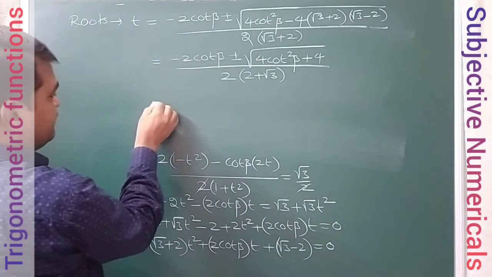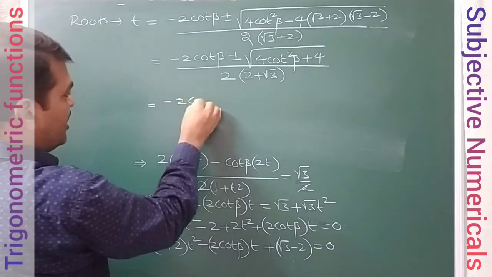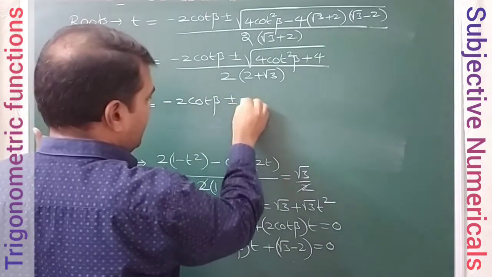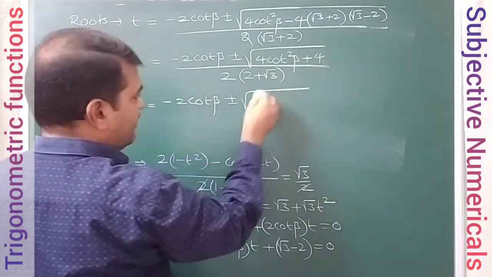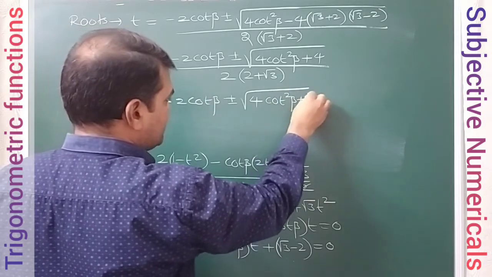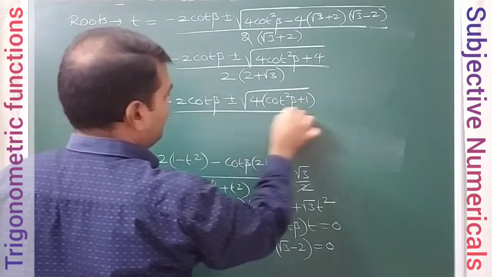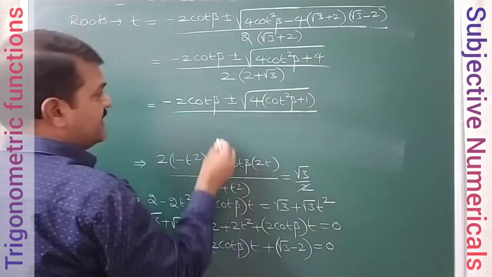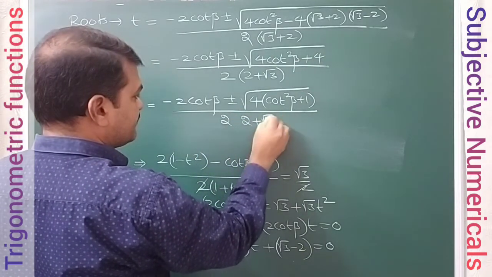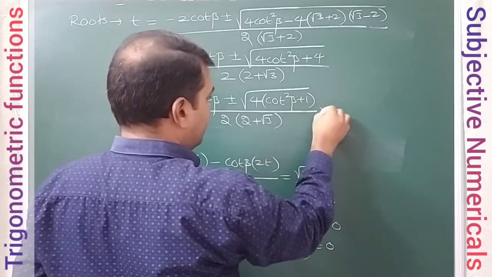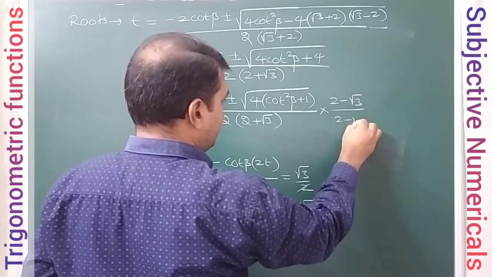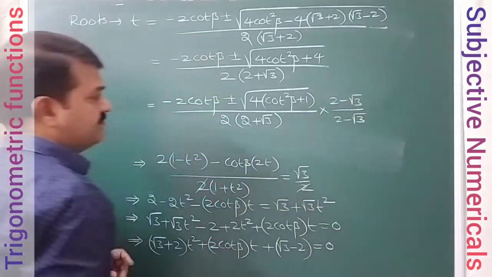So here minus 2 cot beta plus or minus under root, take 4 common, you will get cot square beta plus 1, 2 into 2 plus root 3, divide and multiply by 2 minus root 3, that is rationalizing the denominator we are doing.